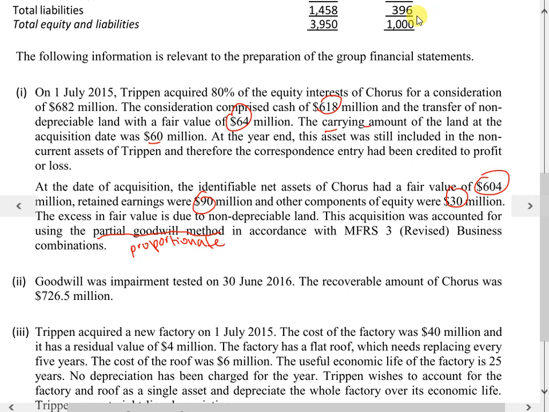Therefore, the corresponding entry has been credited to the P&L. Meaning you have debited the investment because I buy, I increase my investment, right? So debit investment, and I credited to gain 64, which is wrong.